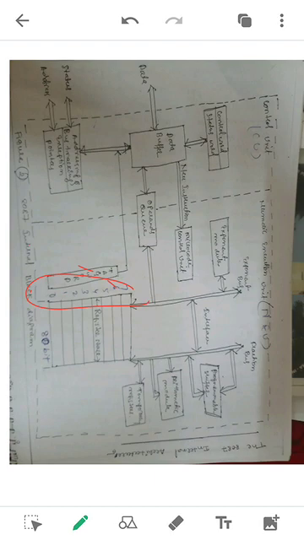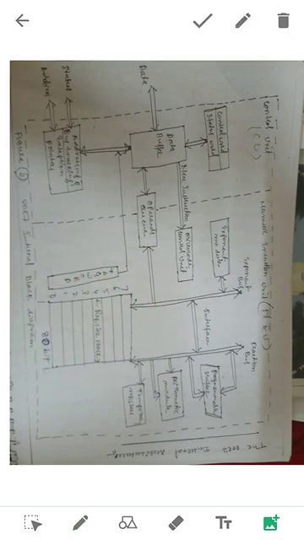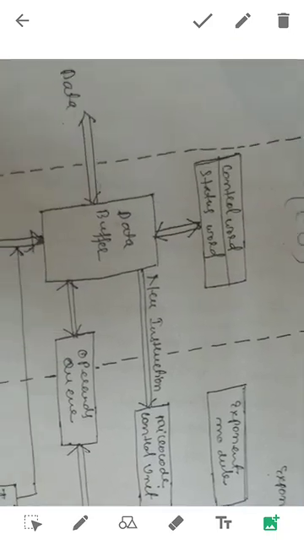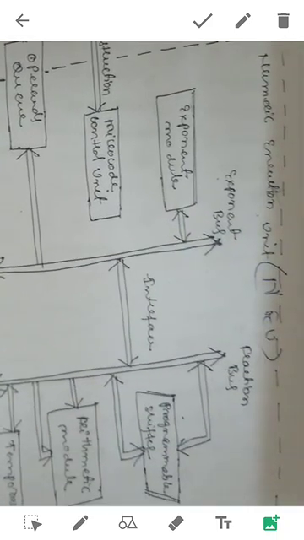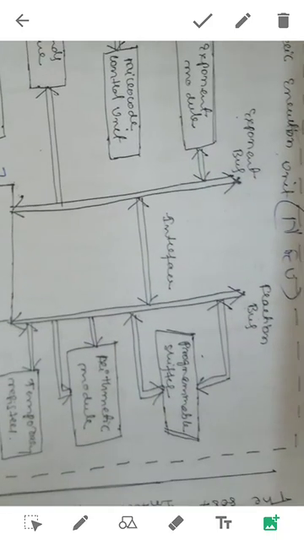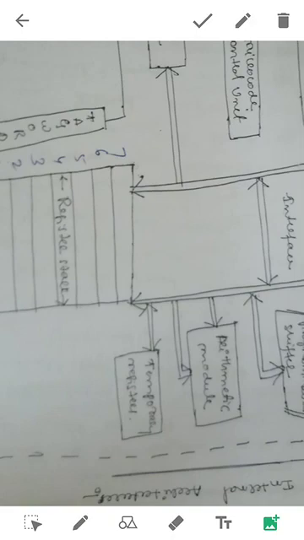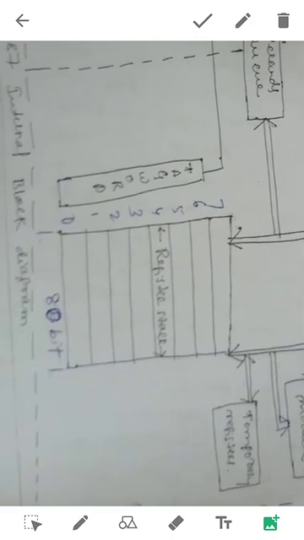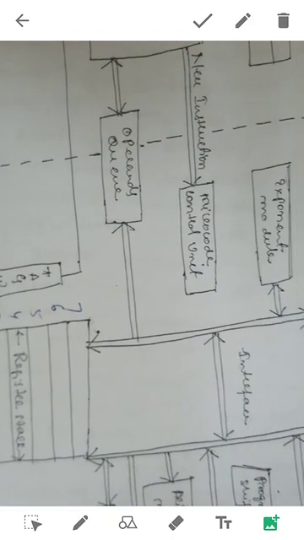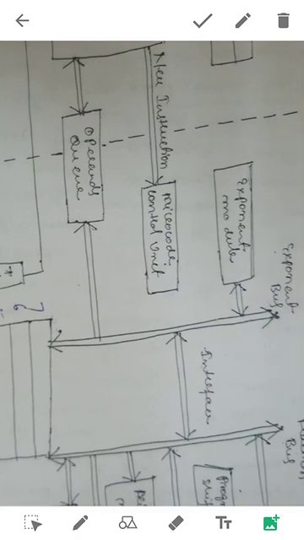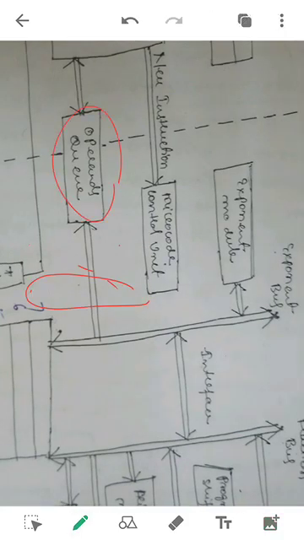Then here we have the exponential bus, fractional bus, programmable shifter, arithmetic module, temporary register, a tag word, operand queue, then microcode control unit, exponential module.